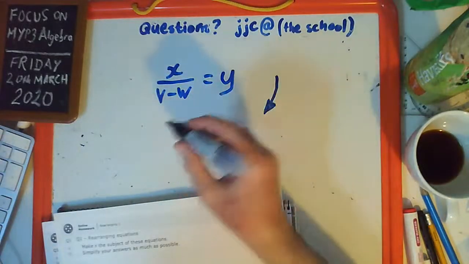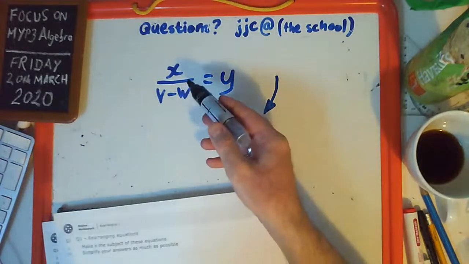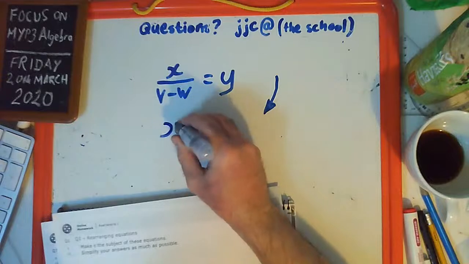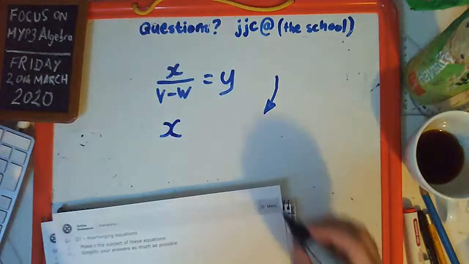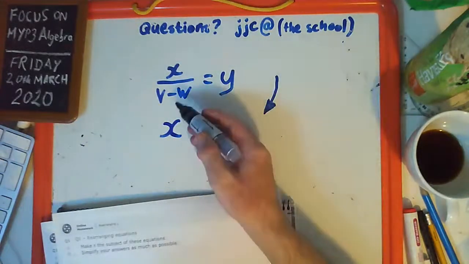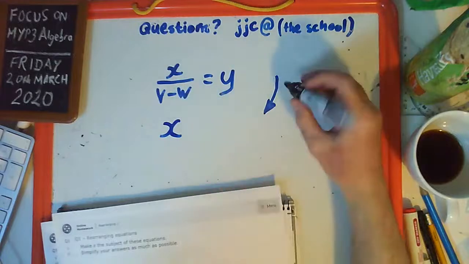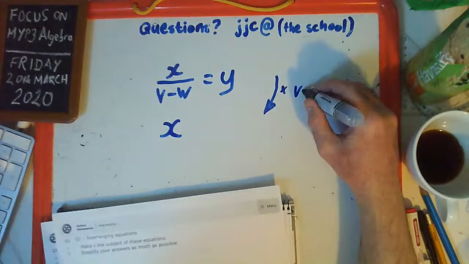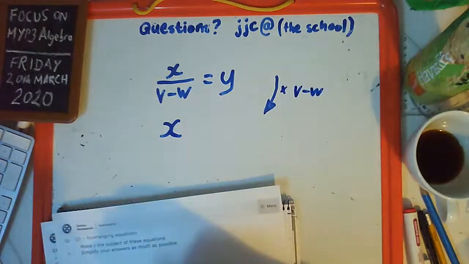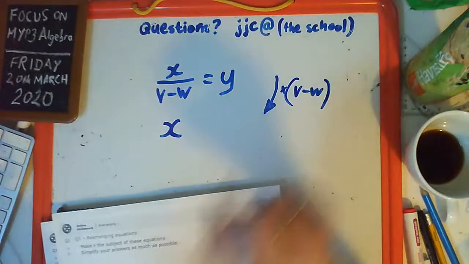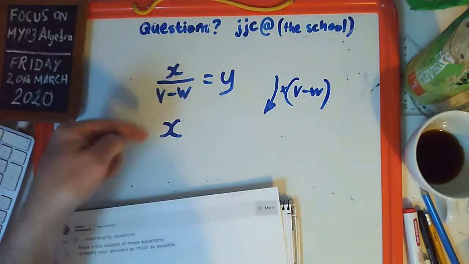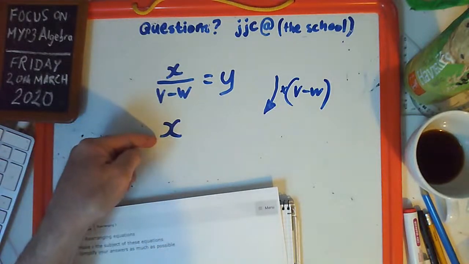So I'd like not to have x divided by v minus w, but just a big old x on its own. So to get rid of the fraction, I need to multiply by the thing I'm dividing by, which is v minus w, which I'm going to put in a bracket. So I'm multiplying by the whole of v minus w to get the x on its own.